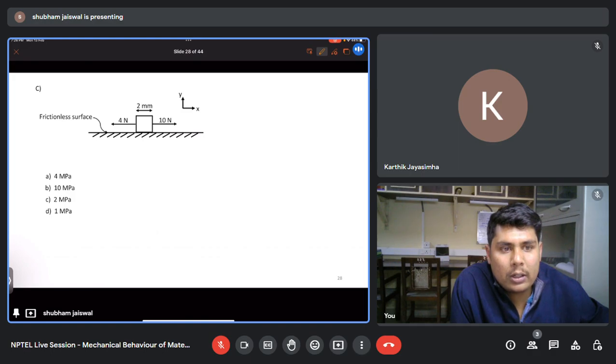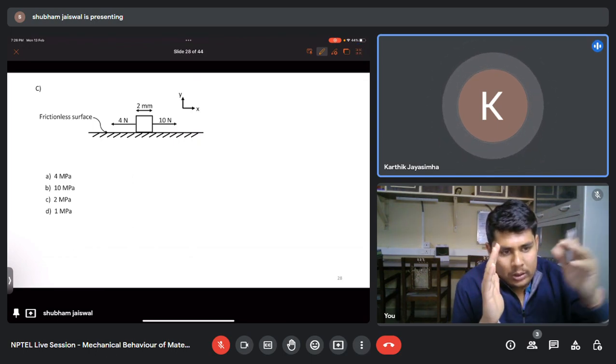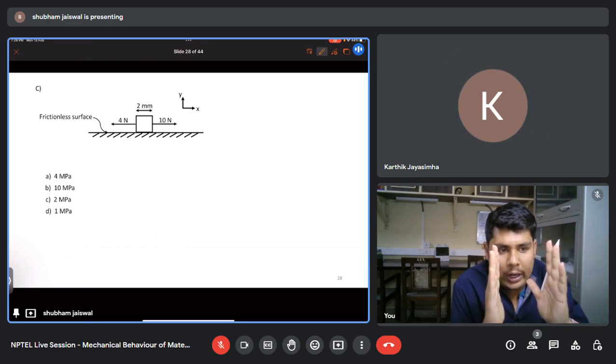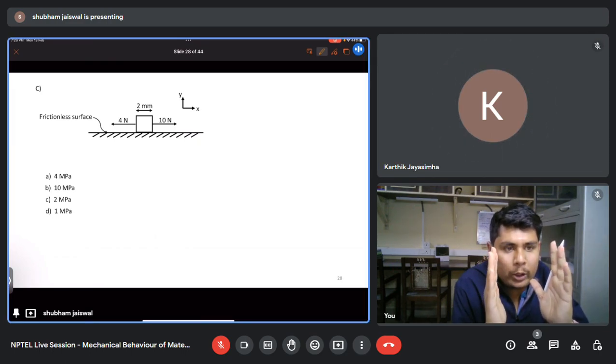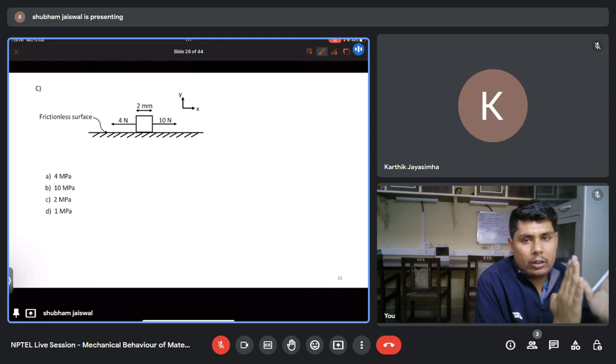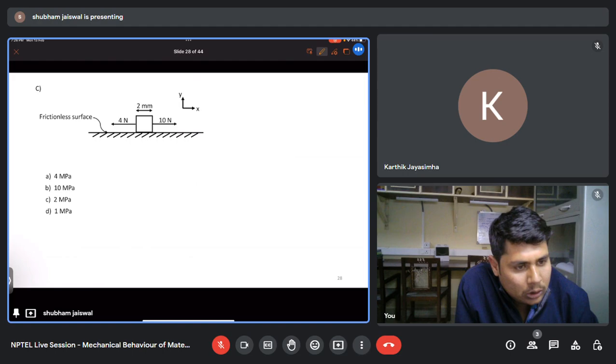Did you get it, Mr. Karthik? Whether it's the difference, or whether it will move in the direction of the larger force. Here I have a body, let's assume this is the cube that is 2 by 2 mm. Definitely it will move in the direction of the higher force, that is the x direction, but in the opposite direction we are applying 4 Newton.